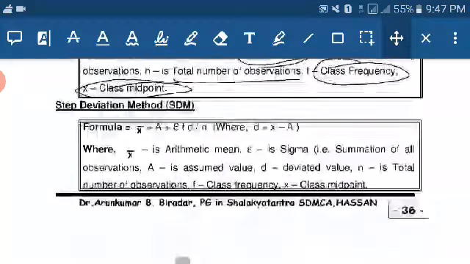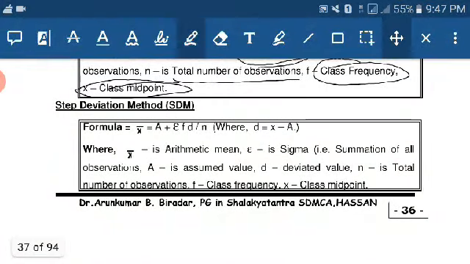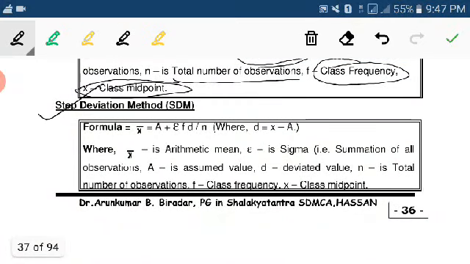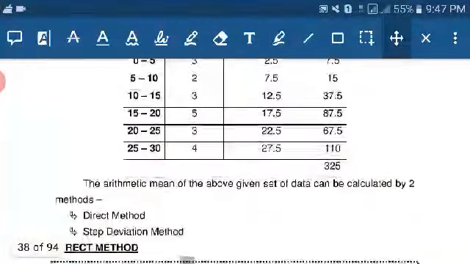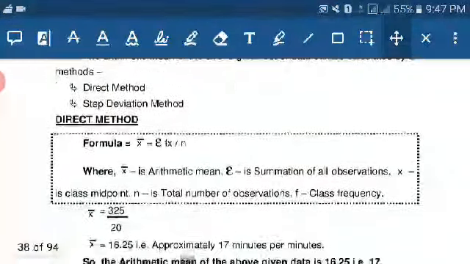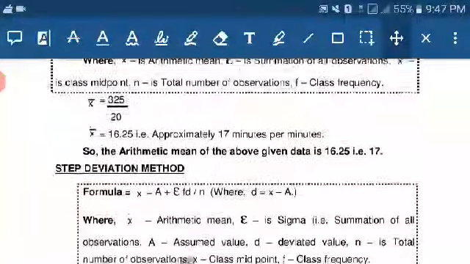And for the step deviation method, mean equals assumed value plus sigma, the summation of all observations, of class frequency into deviation value, upon the total number of observations. These are the examples. You can also do other examples.